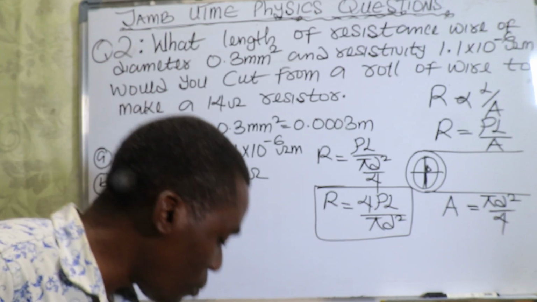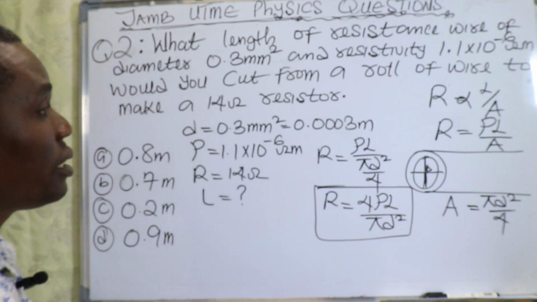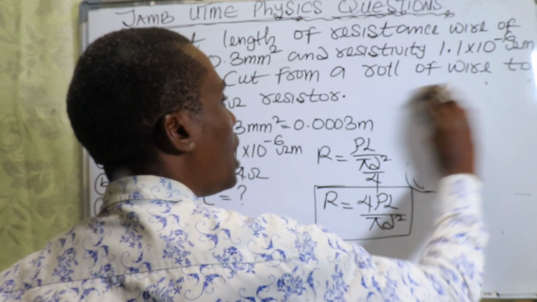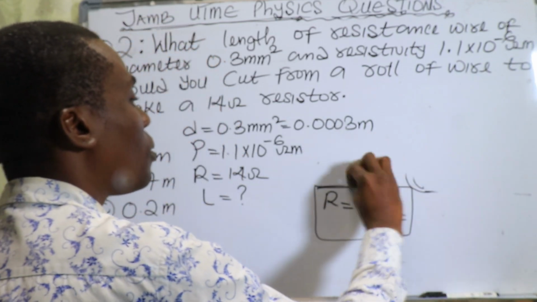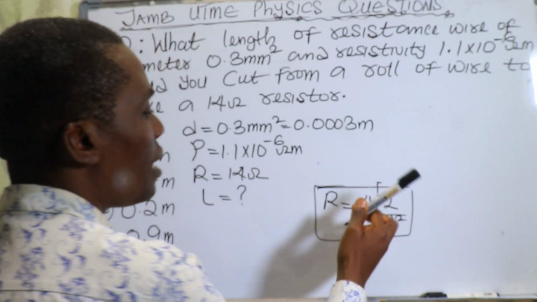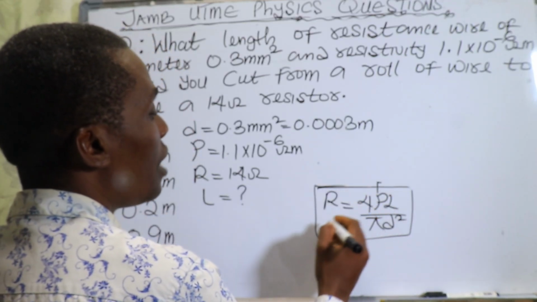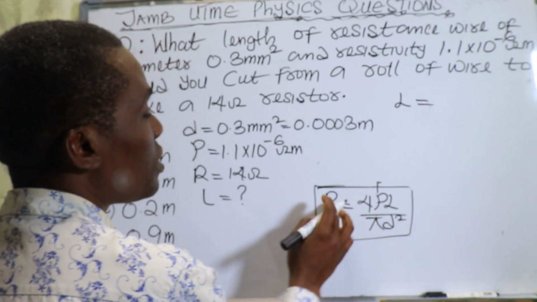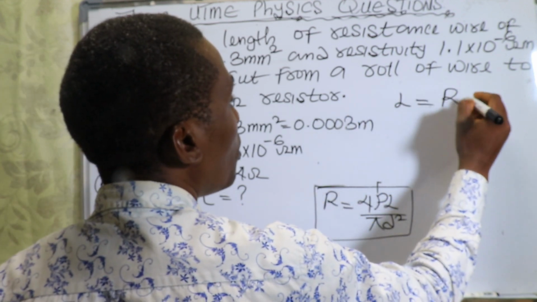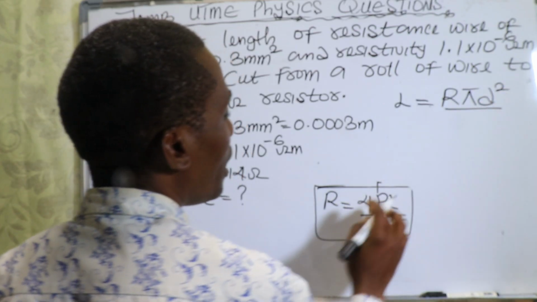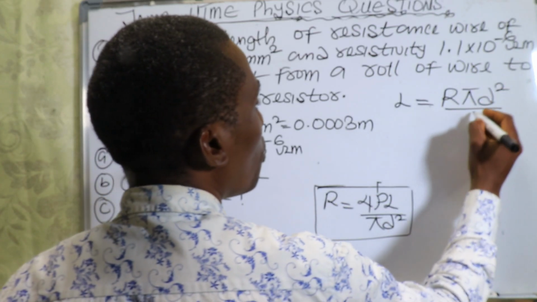So if we want use this formula, the next thing now na to make L the subject of formula. If we make L the subject of formula for that equation, our L go be equal to R times pi times d square divided by 4 rho.